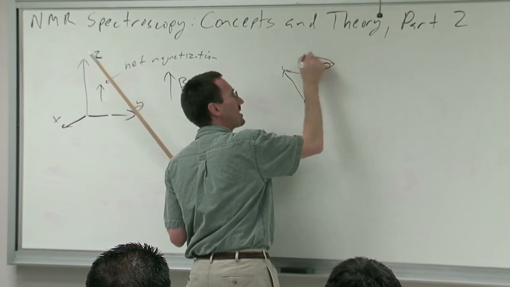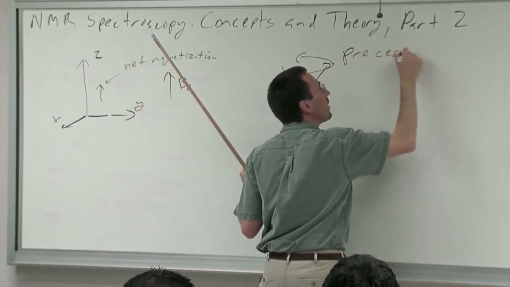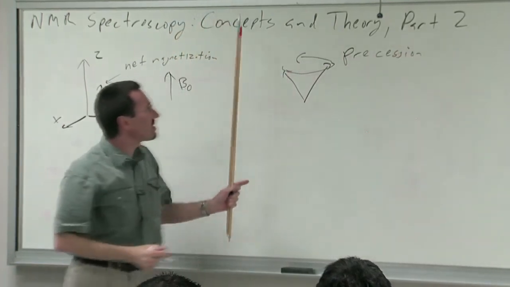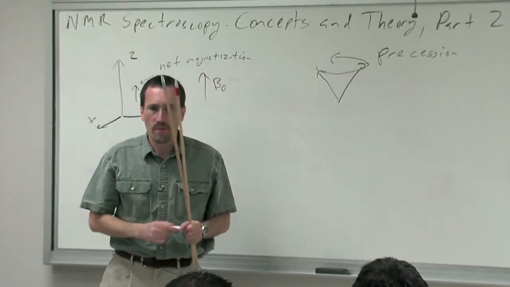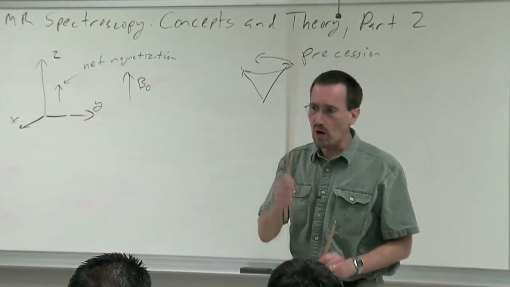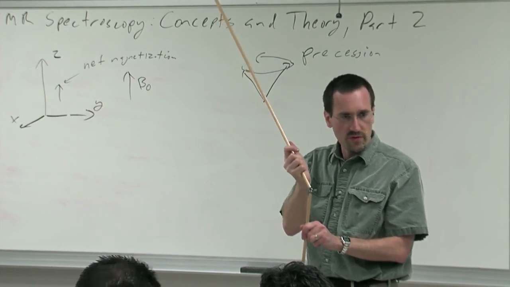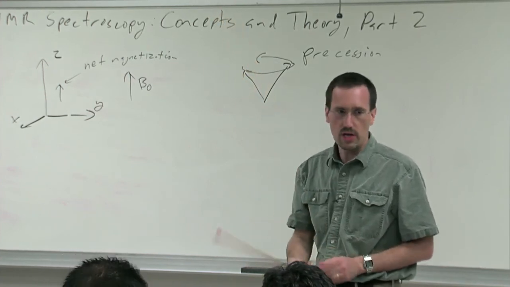They're all precessing around. So remember, this is only the differential population that we're worried about, because for every one where you have one up and you have an opposing one spin down, those vectors are going to cancel each other out.